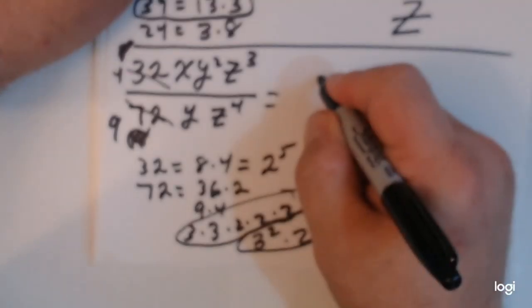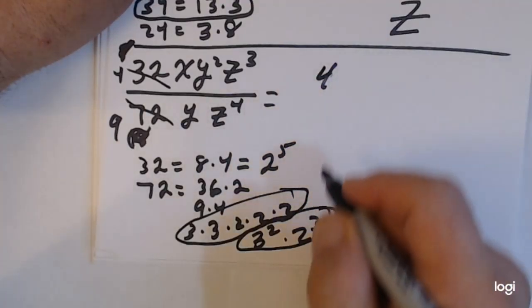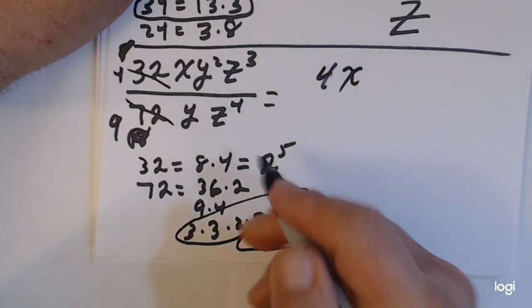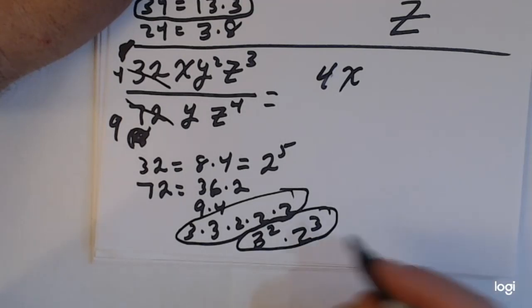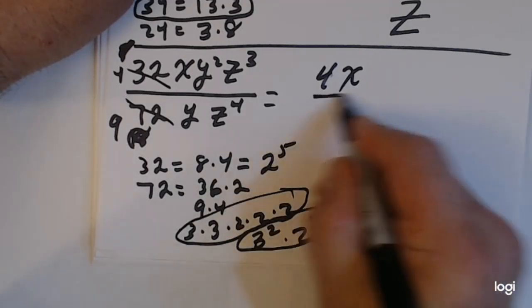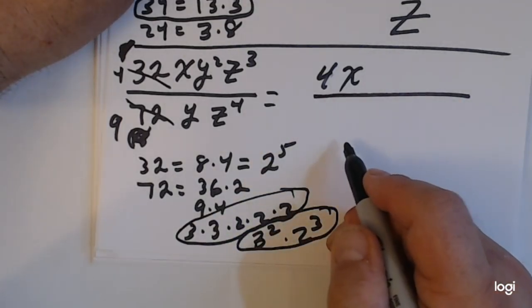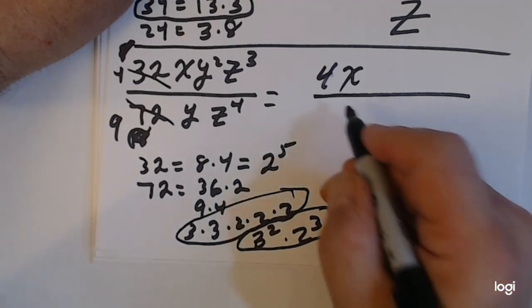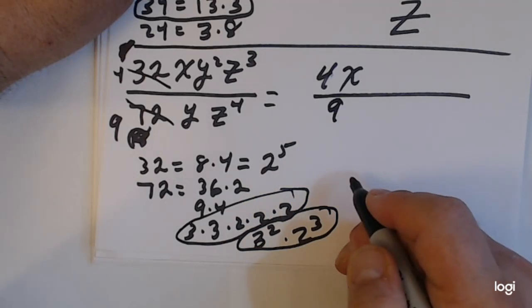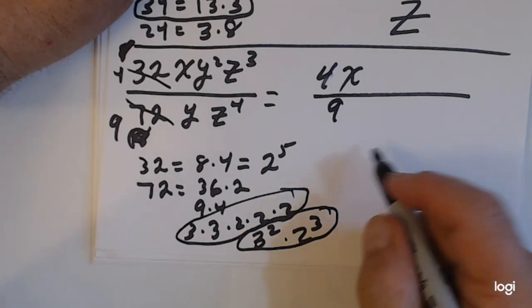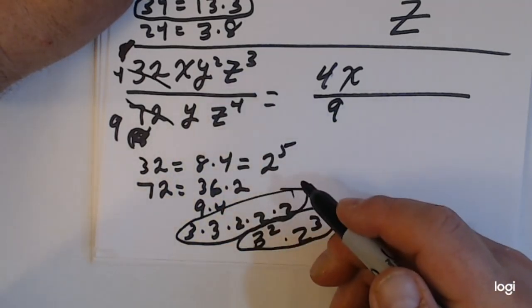So we have 4 in the numerator. We have x in the numerator because we don't have any x corresponding with the x in the numerator and the denominator. We have 9 in the denominator. And then we have y squared over y.